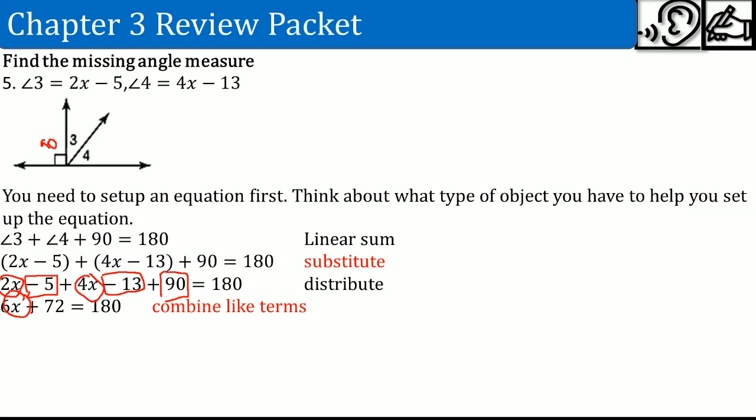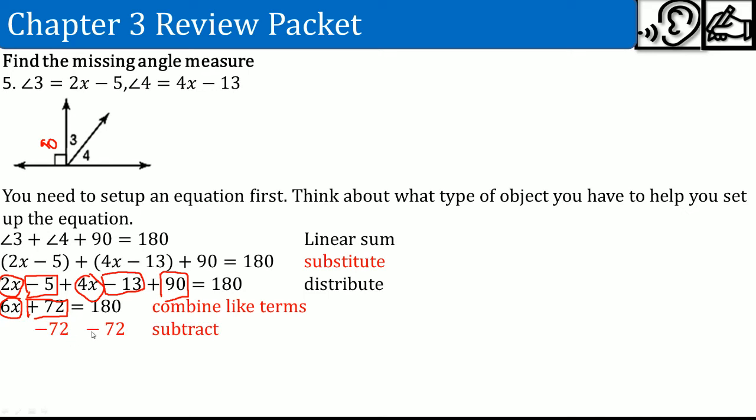See, it's 6x. 6x comes from the 2x plus 4x, and this comes from the constants of negative 5, negative 13, plus 90. Okay?